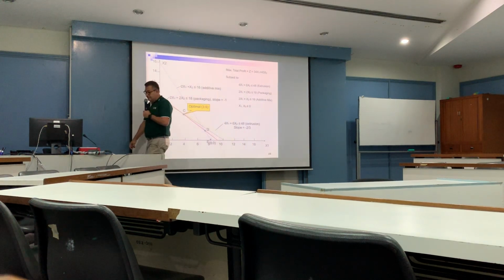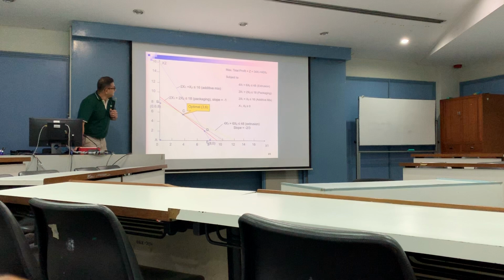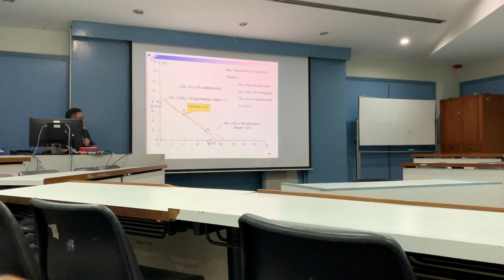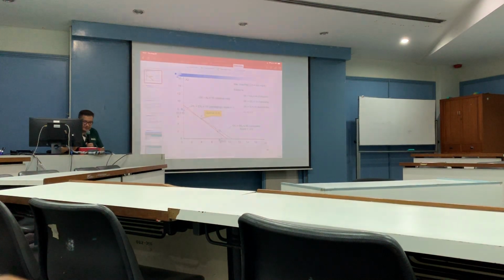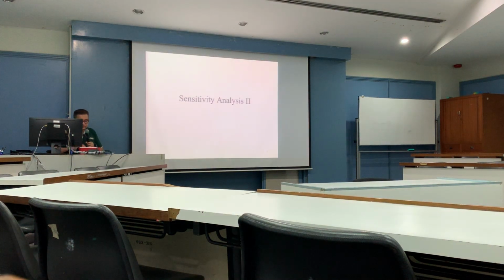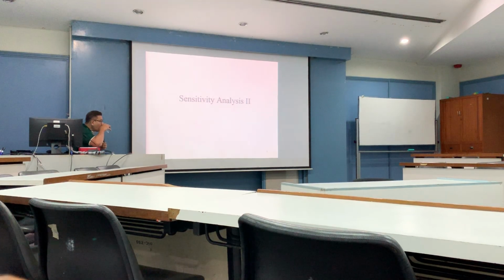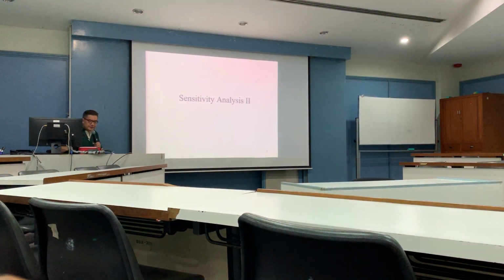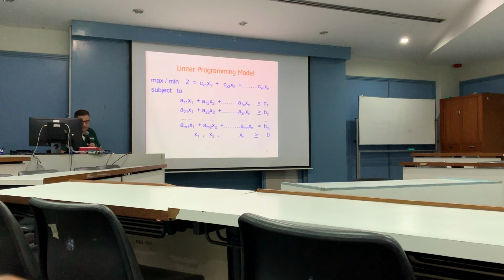And they are still non-binding constraints because they are not provided for C. So, okay, so this is the first set of the slides. We go to the next one. At the moment ago, we just analyzed change in the objective function.